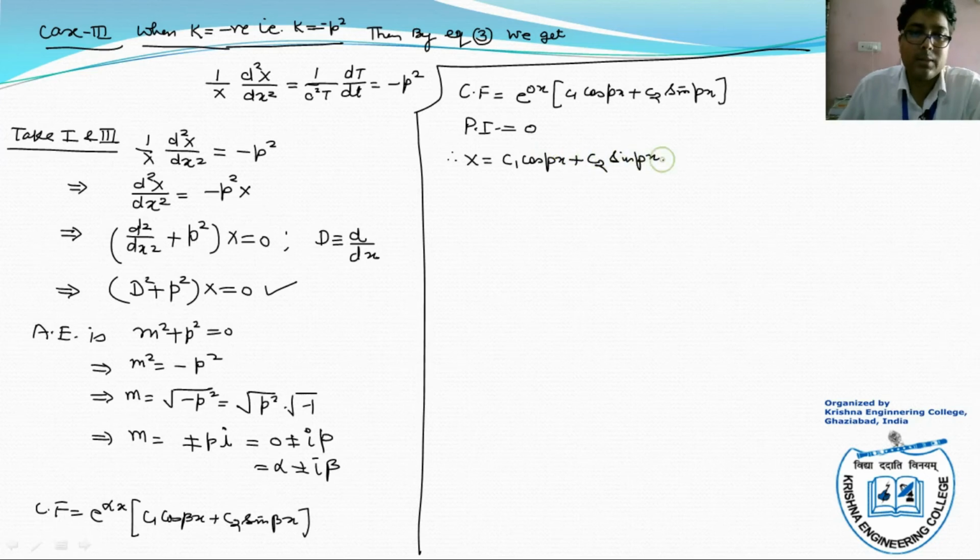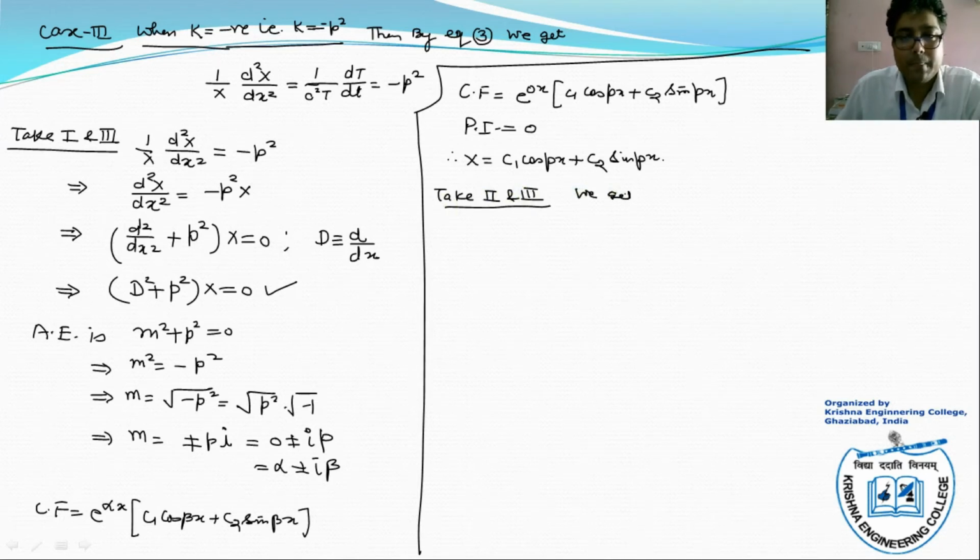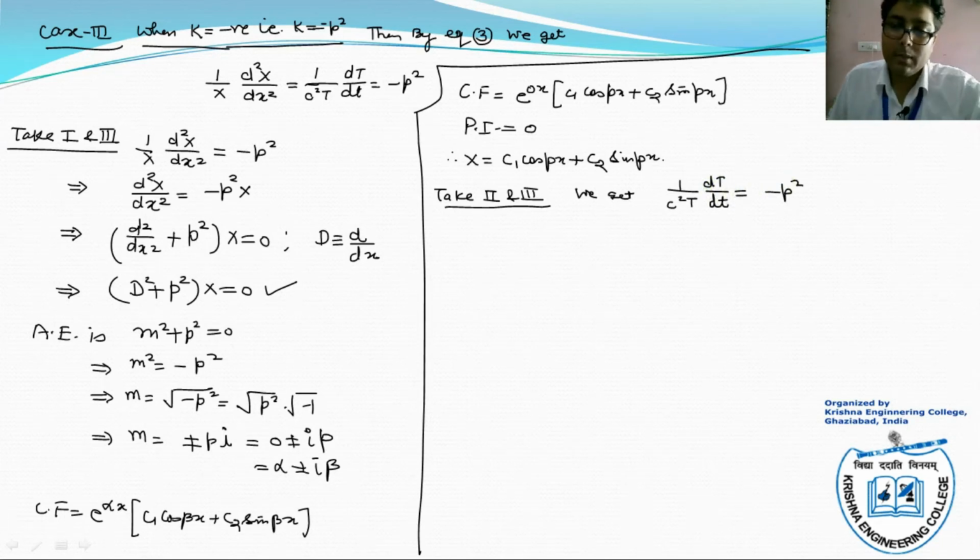Now take the second and third term. We get 1 upon c square, capital T d capital T over dt is equal to minus p square. Separate the variables, we get d capital T over small t is equal to minus c square p square into dt.